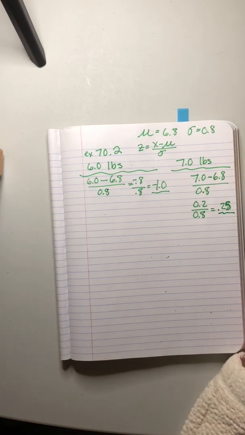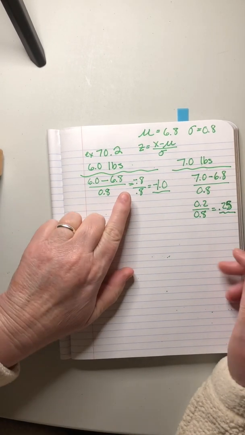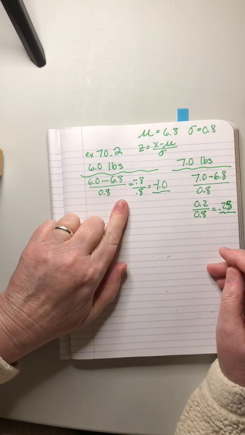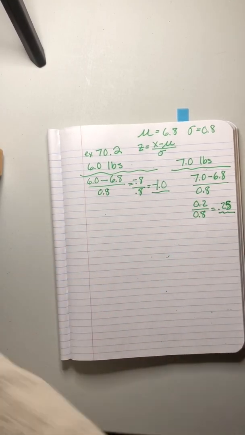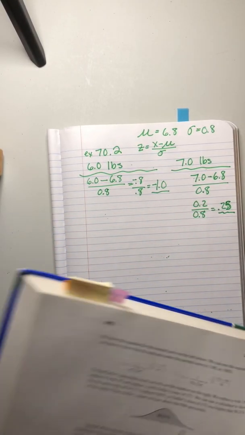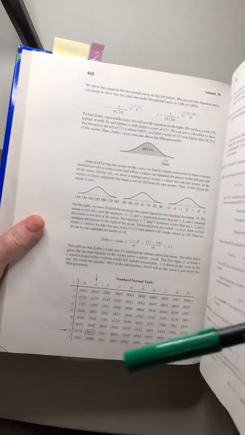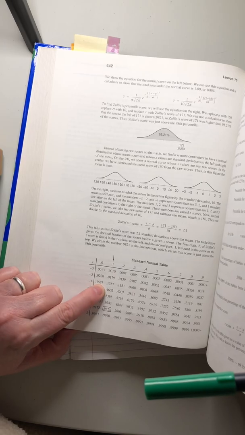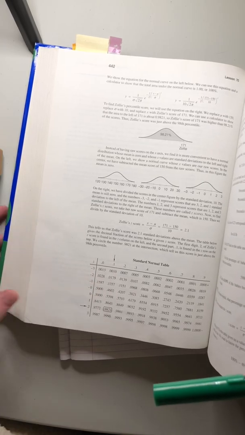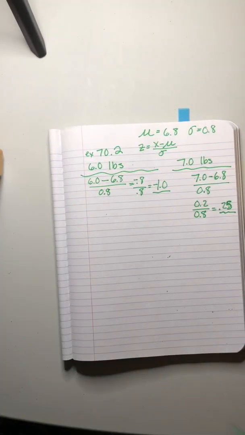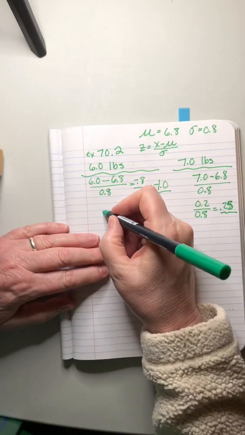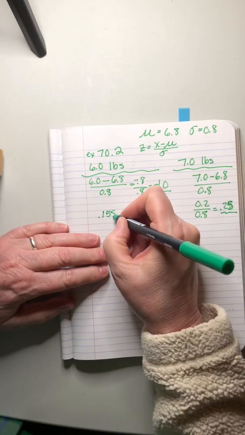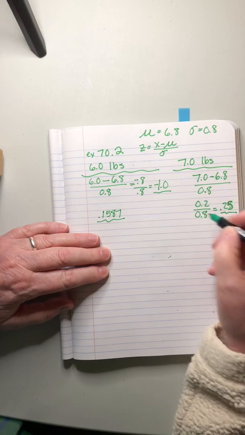So now we go to our table, and we're going to find the percentile for the 6-pounders and the percentile of the 7-pounders. Here's our chart. Our first number is minus 1.0, so that's 0.1587. That's our percentile.